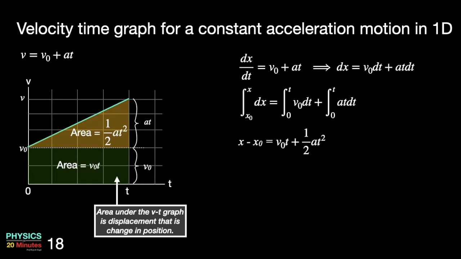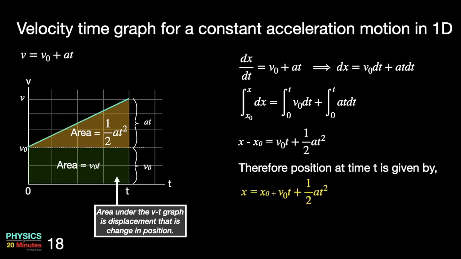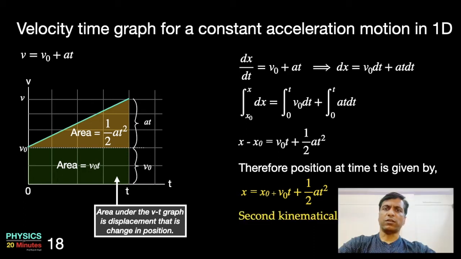Therefore, displacement is v0t plus half at square. Look at the right hand side of this equation. It matches with the area under the curve in the graph. Therefore, position at any time t is given by x is equal to x0 plus v0t plus half at square. This equation is often referred to as the second kinematical equation.